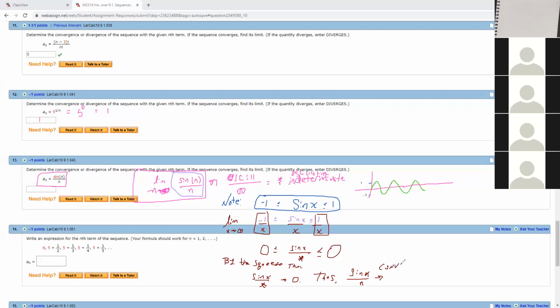After you do this squeeze theorem two or three times, it starts to get a little tedious, and then you just remember, oh, I have this sine x over x, and it's the same with cosine x over x or n over n. You can also use the squeeze theorem, and then you just start to remember that it converges to 0. So therefore, this does converge to 0.